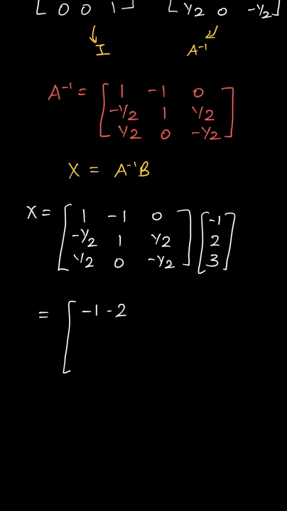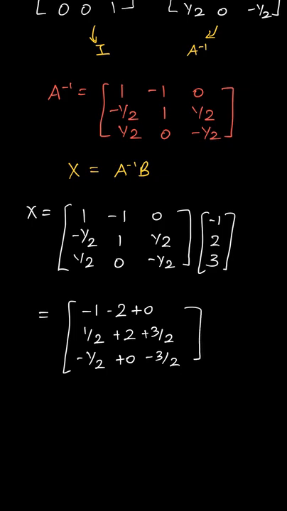Next we have minus 1 by 2 multiplied by minus 1 is 1 by 2. Then 1 multiplied by 2 is 2, and 1 by 2 multiplied by 3 is 3 by 2. Next we have 1 by 2 multiplied by minus 1 is minus 1 by 2, 0 multiplied by 2 is 0, then 3 multiplied by minus 1 by 2 is minus 3 by 2.